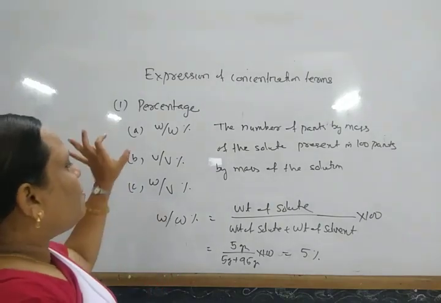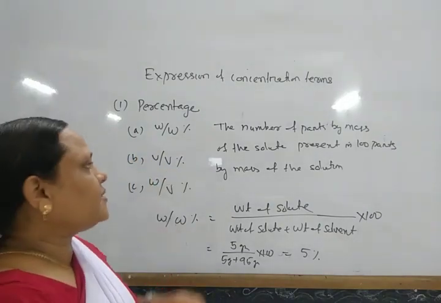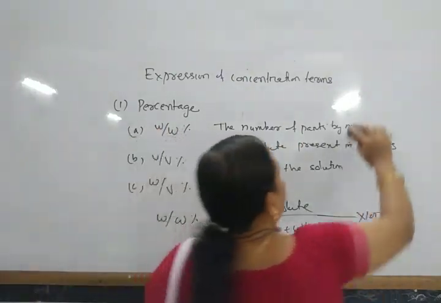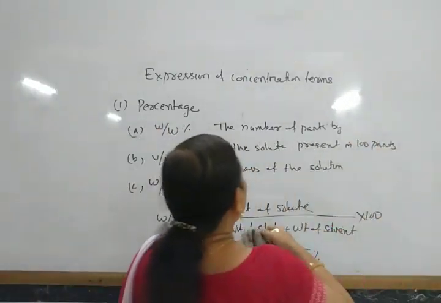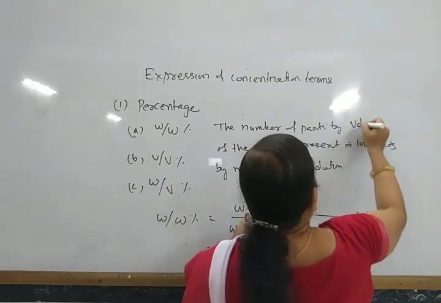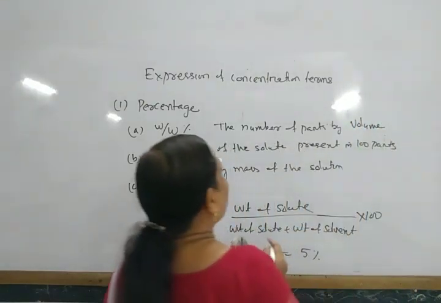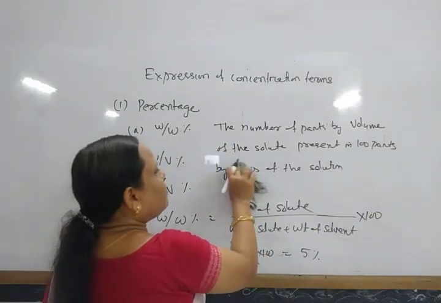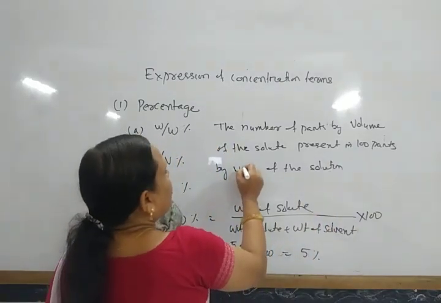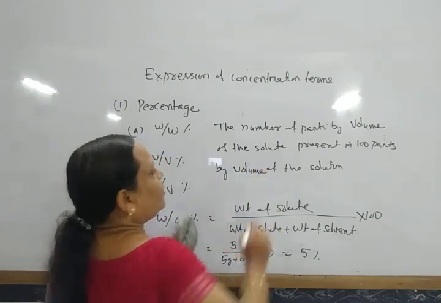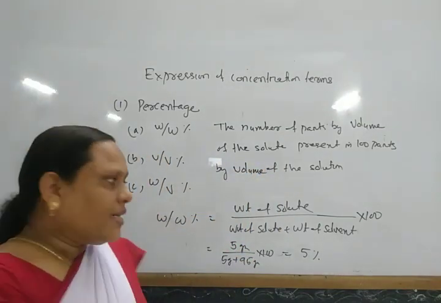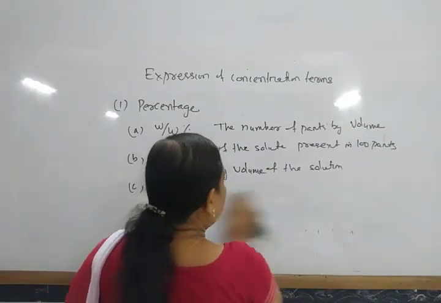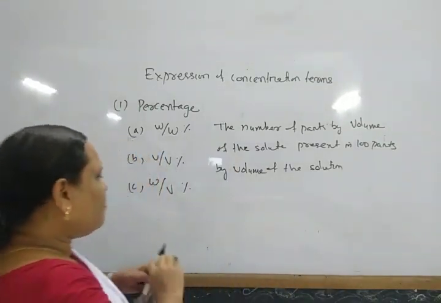Next come to volume by volume percentage. Instead of mass, the number of parts by volume of the solute present in 100 parts by volume of the solution is known as volume by volume percentage.